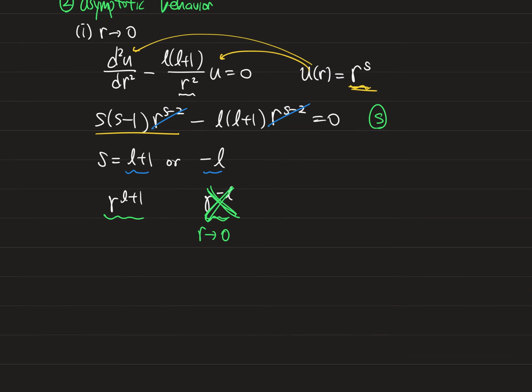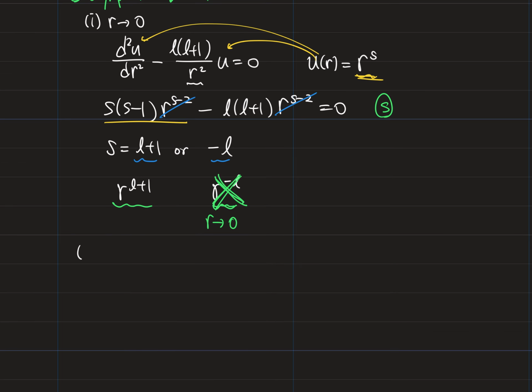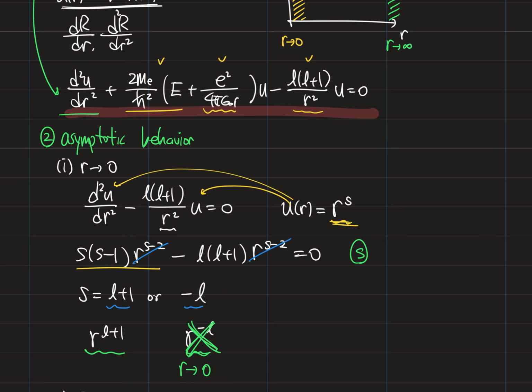And so we are going to examine r goes to infinity. Here we can ignore the second and third terms because they are proportional to 1 over r or 1 over r squared. So when r goes to infinity, they become 0, right?